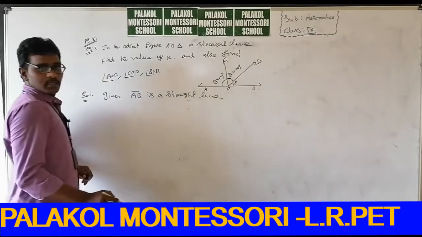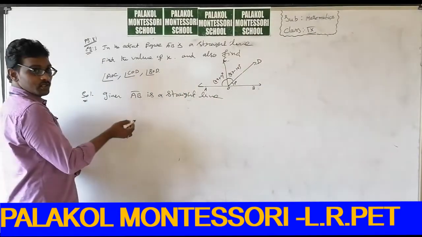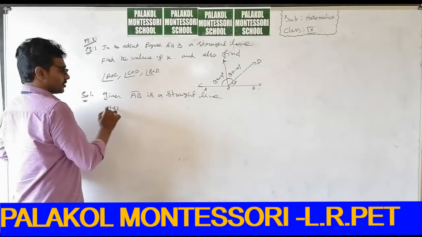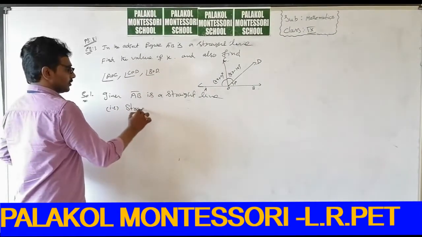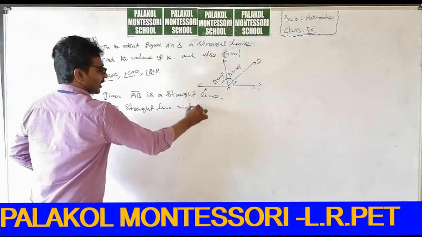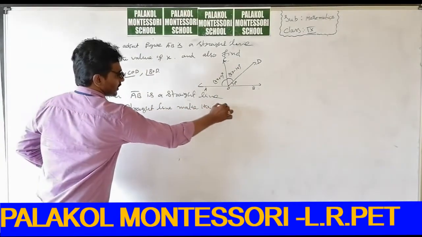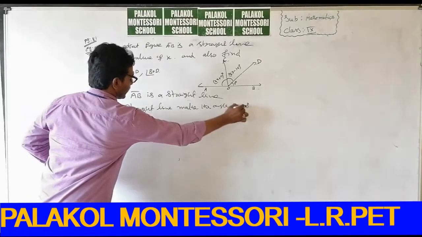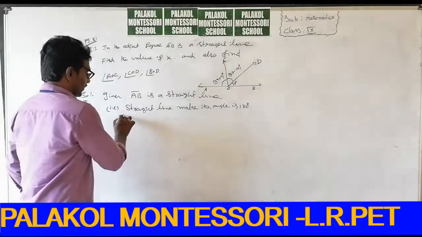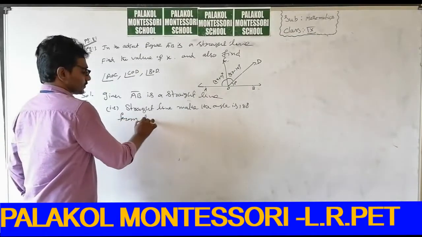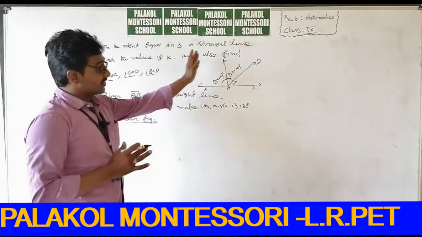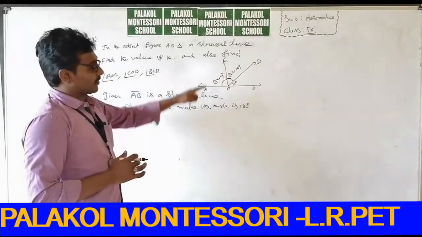Okay, guys, so a straight line makes an angle equal to 180 degrees. This point, keep in mind, don't forget. So from the figure, the straight line is divided into different angles.